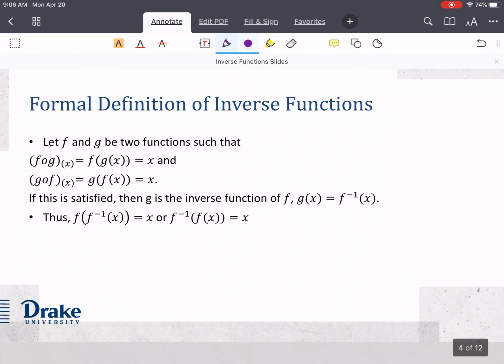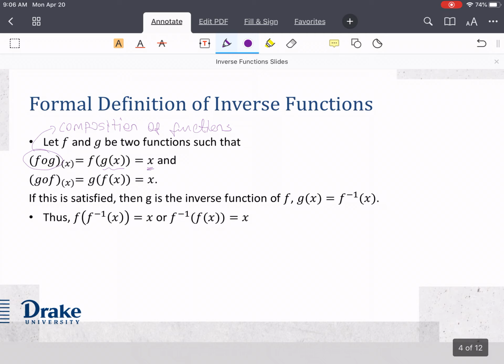Let f and g be two functions such that f composed with g, you realize this represents composition of functions. F composed with g could be represented as f of g of x equals x.